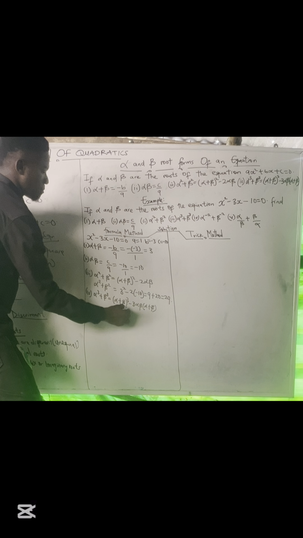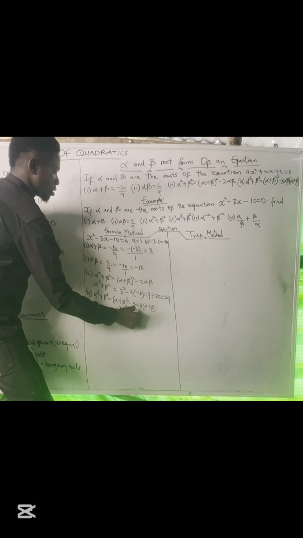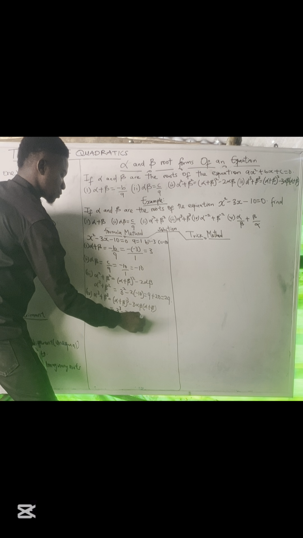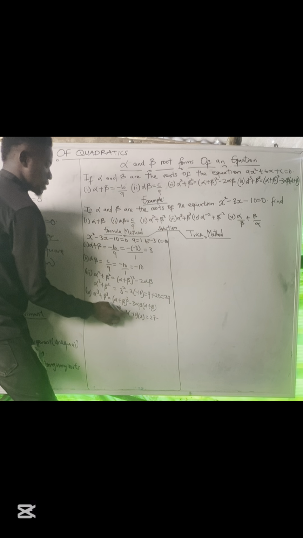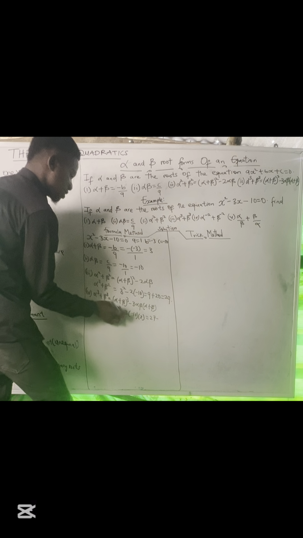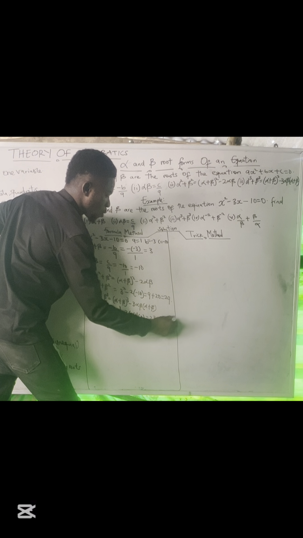Therefore 3 cube is 27 minus 3 times minus 10, that is 30, plus 30 times 3, that is 90. This minus is plus, so this is plus 90, and this gives us 117.